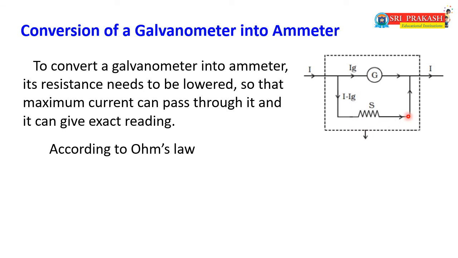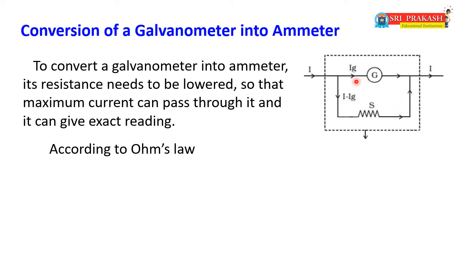According to Ohm's law, V equals IR. Suppose G is the resistance of the galvanometer and Ig is the current passing through the galvanometer. Suppose I is the total current, in that Ig is the current passing through the galvanometer, and due to the parallel combination some current is deviating.